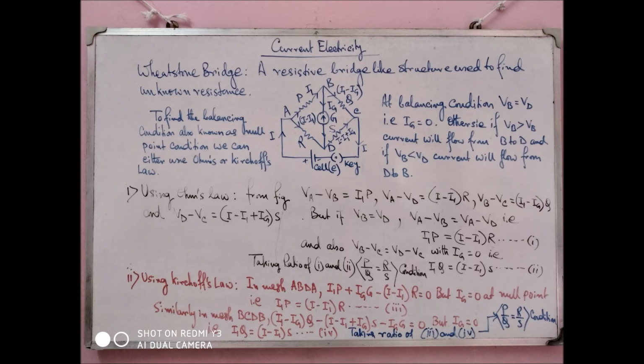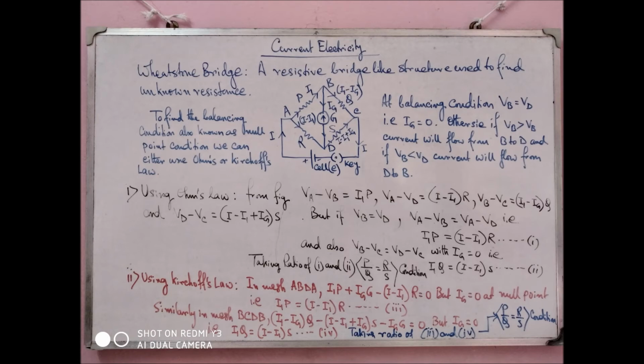Any student may be faster, any student may be slower. One student can do it in 1 minute, another in 10 minutes. That is not a problem, but the concept is the thing. Clear? So this is the concept of the Wheatstone bridge, the null point condition P by Q equal to R by S.